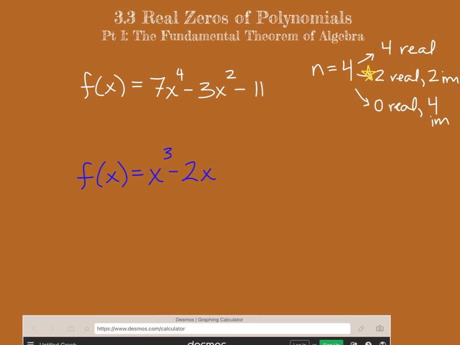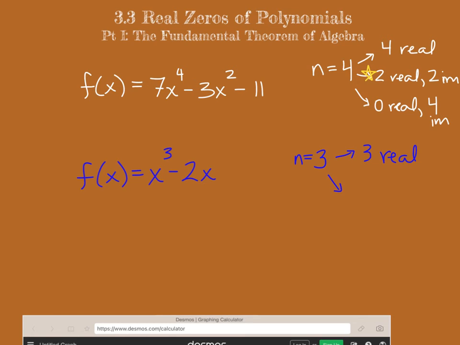Okay, let's take a look at the second polynomial, this cubic binomial. We can see that it has a degree of 3, and that means, by the fundamental theorem of algebra, it has 3 roots. Imaginary roots come in pairs, so it might have all 3 of those roots being real and 0 imaginary.